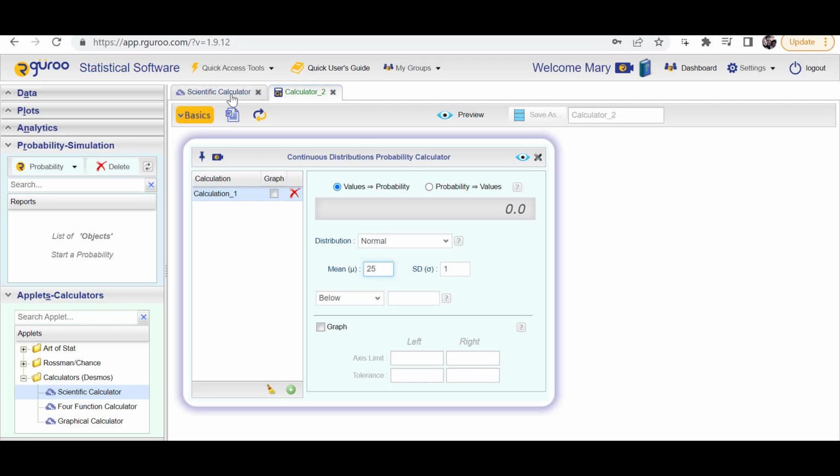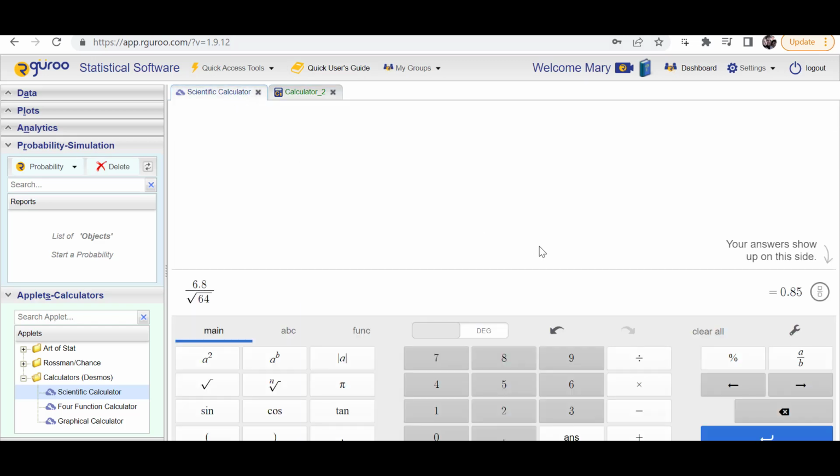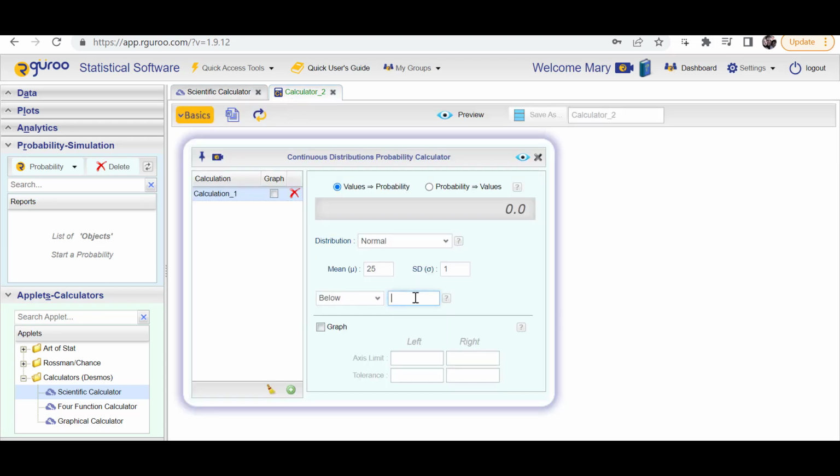And then let me show you what I meant. I still have the scientific calculator open, so I'm going to toggle back there, and I'm going to go over here to this 85, and I'm going to highlight it, right click it, hit copy, and then toggle back over to the calculator here, and in where it says standard deviation, I'm going to do Control V, which pastes, and look at that, I didn't even have to type that in.